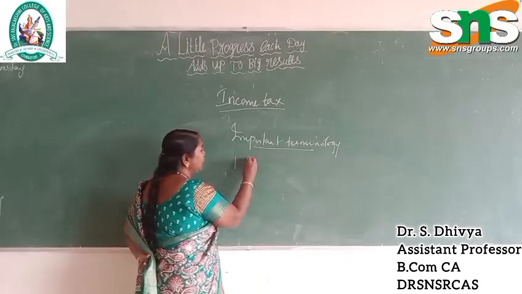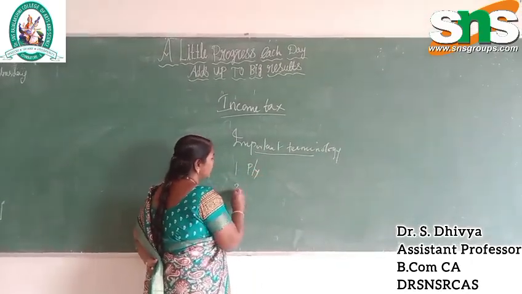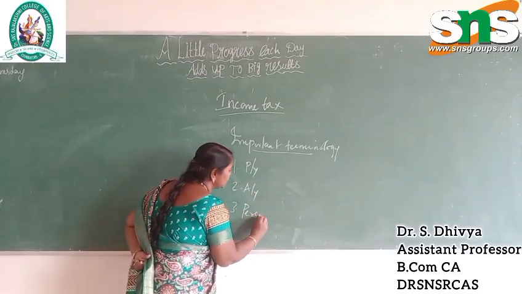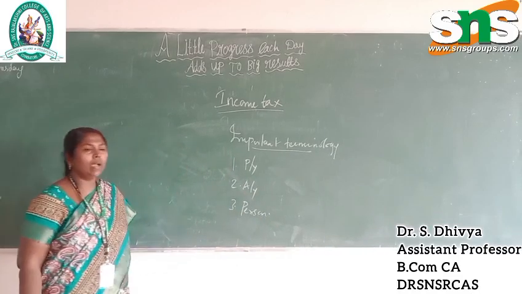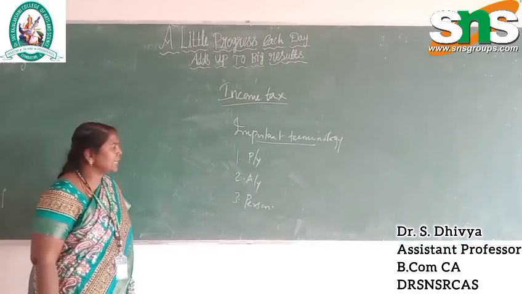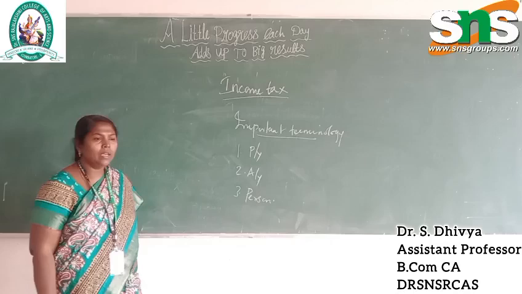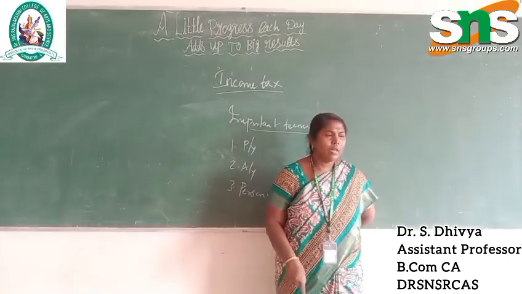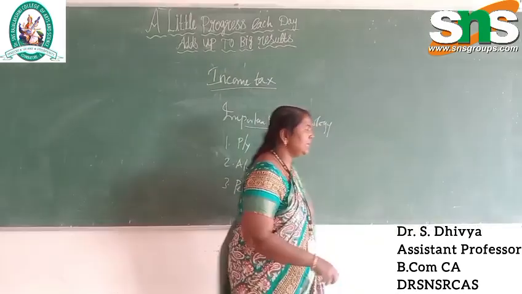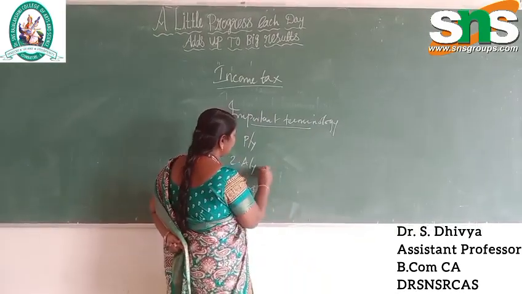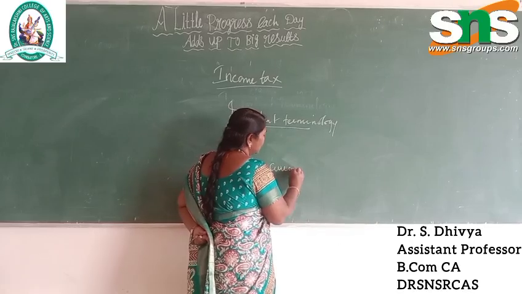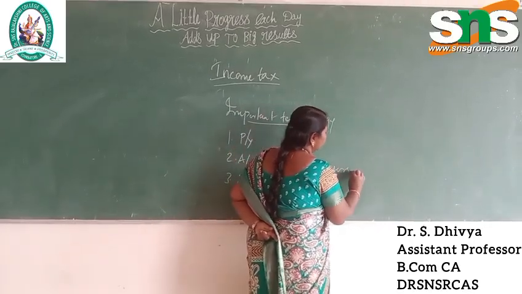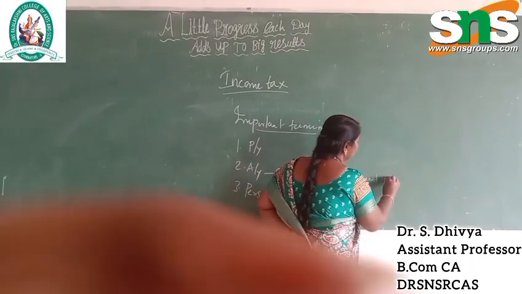Today we are going to see previous year, assessment year, and finally the person. Last session I asked you what is the previous year. For example, the year we are running now is 25. The current year is called the assessment year.